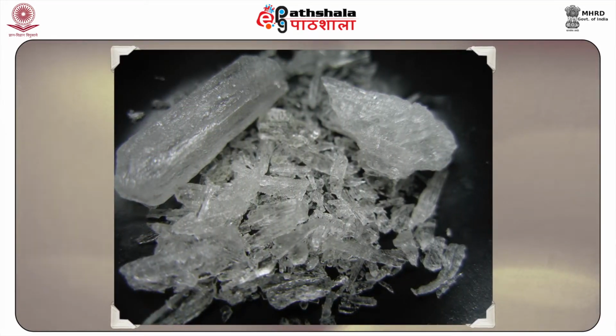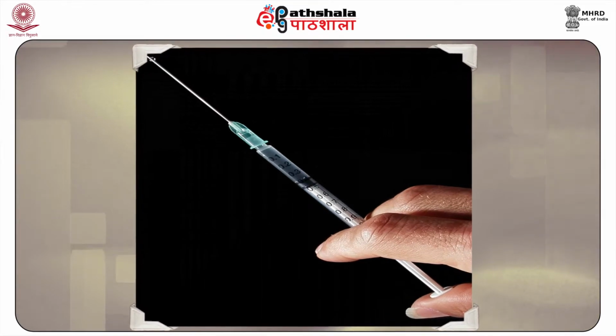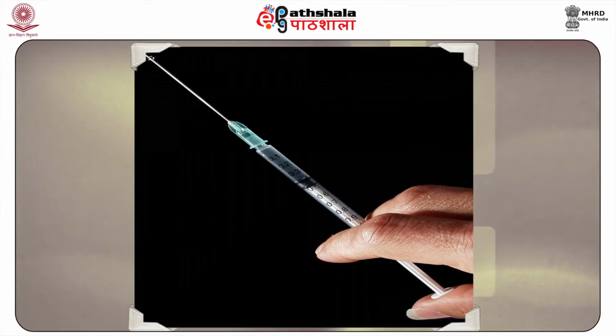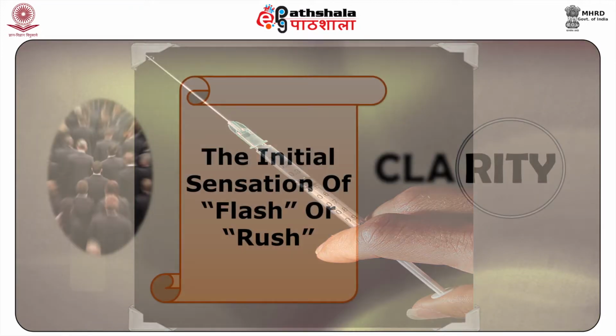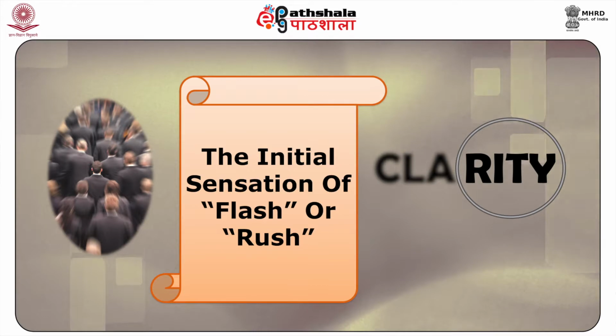Amphetamine or its derivative methamphetamine may be injected directly into the bloodstream through intravenous injection. The desire for a more intense experience is the chief motive behind this route of administration. The initial sensation of a flash or rush is followed by an intense feeling of pleasure, euphoria that produces hyperactivity, with the feeling of clarity of vision, as well as hallucinations.